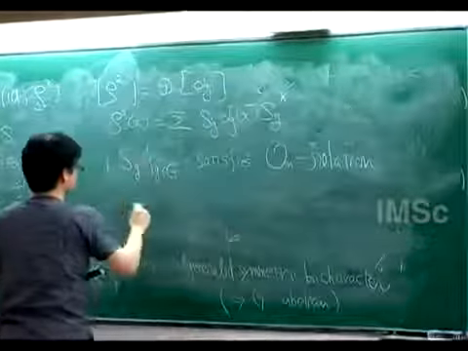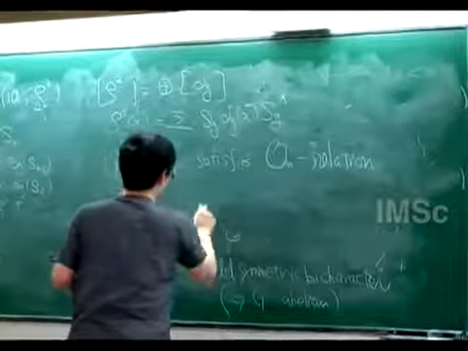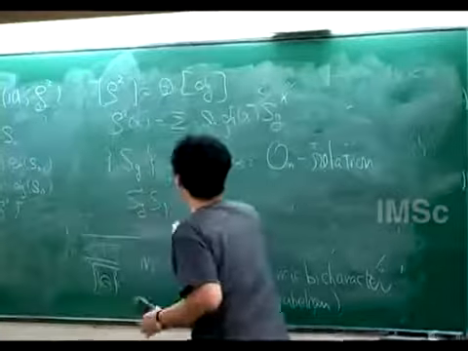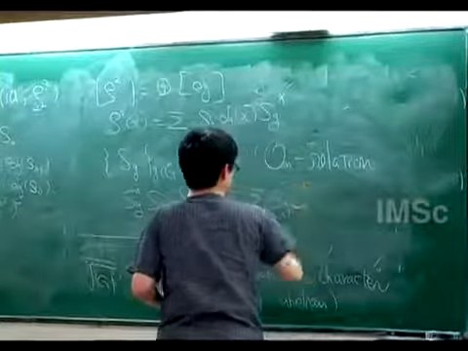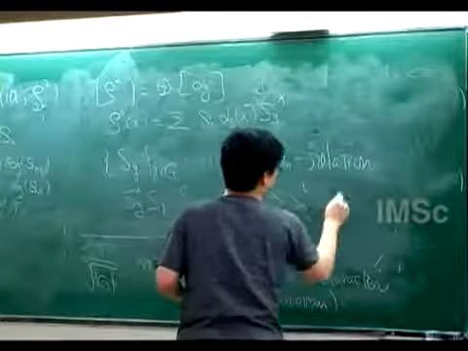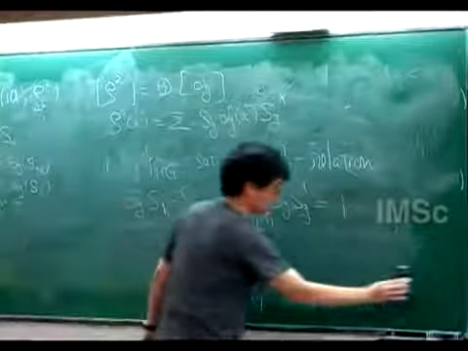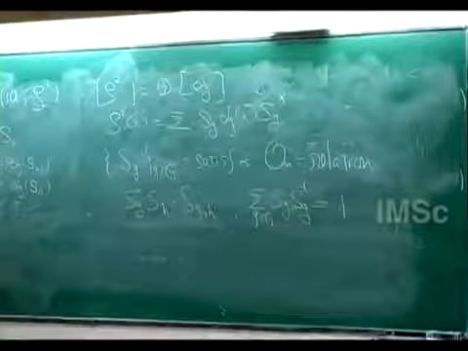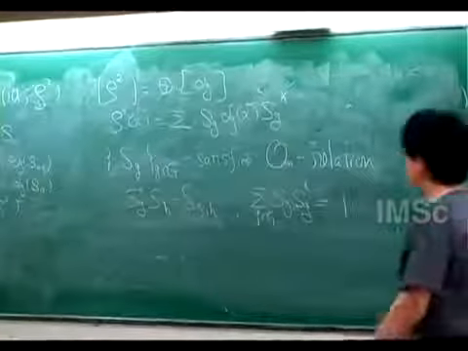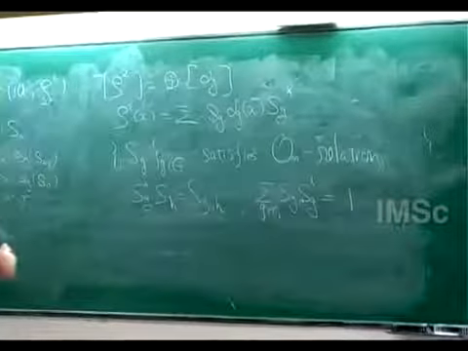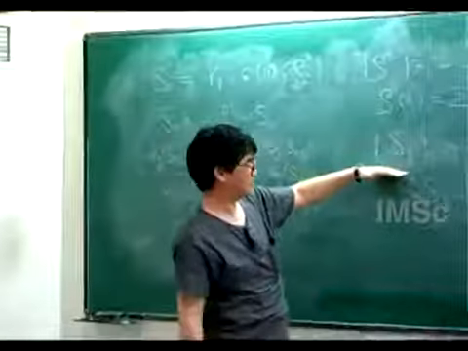Namely, their images are orthogonal, and this summation must be 1. So now our idea is that we want to show that alpha g, by definition, leaves this algebra invariant, the algebra generated by these.